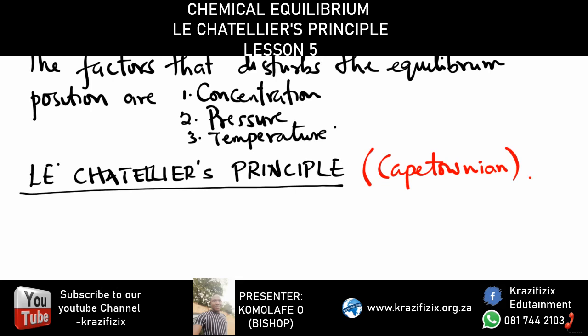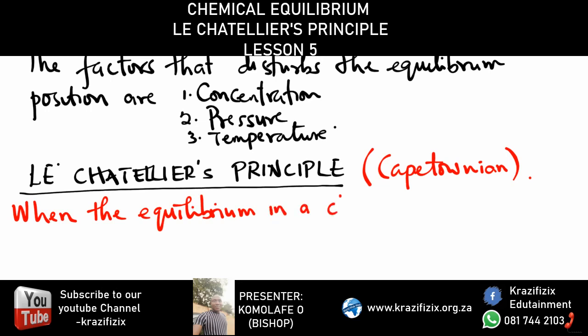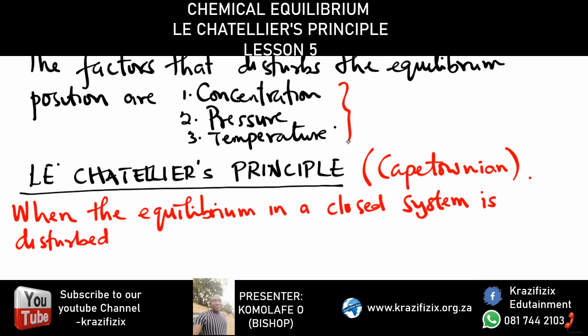Now, this is what Chatelier said. He said, when the equilibrium in a closed system is disturbed, remember we've been talking about closed systems, you can only reach equilibrium in a closed system. And the disturbance can only come if there is a change in any of the 3.